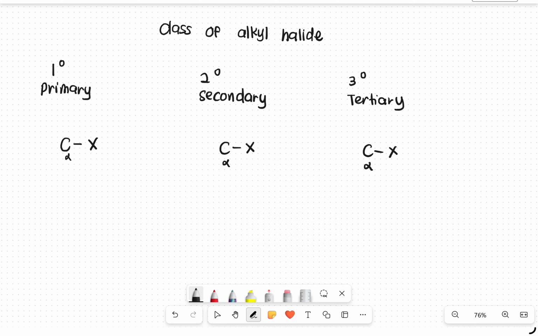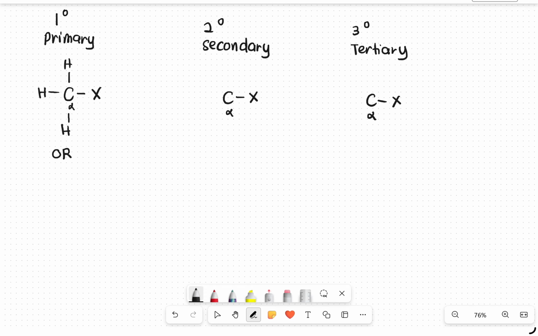So for this alpha carbon, if it is primary, it can be either all hydrogen attached to the alpha carbon, or there are two structures for primary. The alpha carbon, with X here, has 1 R group attached.